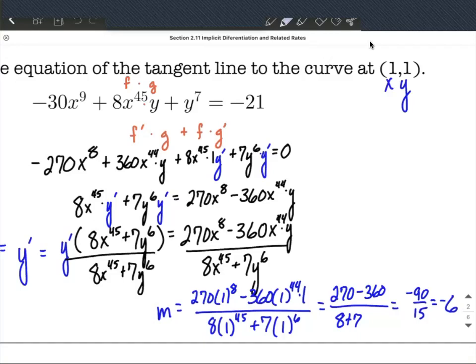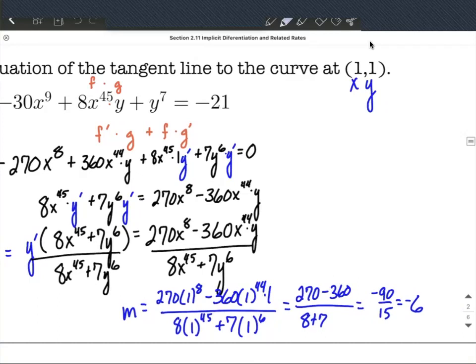Remember, we're looking for the equation of a tangent line. We now know the slope of our tangent line is negative 6, and we know a point on our tangent line, (1, 1). It's on the curve, but it's also on our tangent line. Let's put those two pieces of information together. I'm going to use y equals mx plus b, the slope-intercept form of a line.